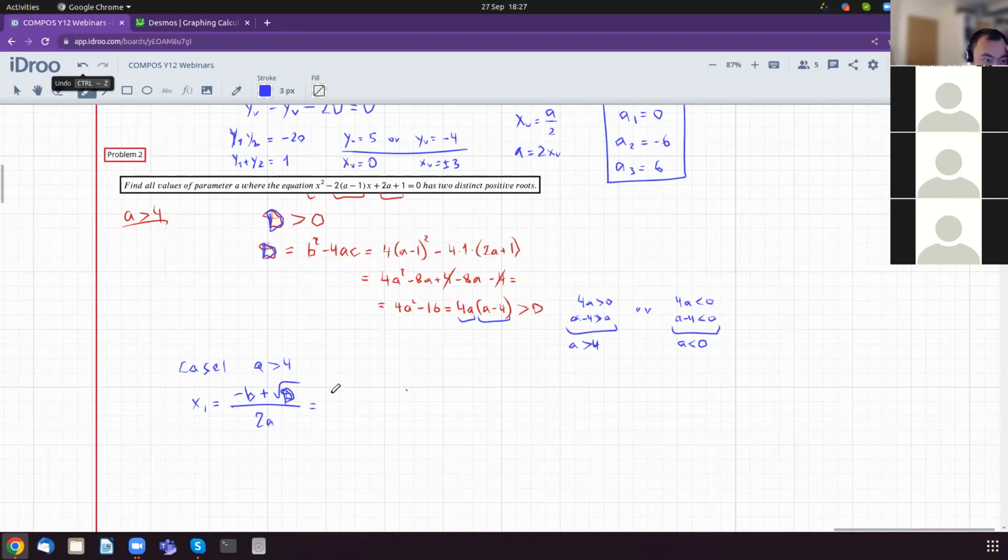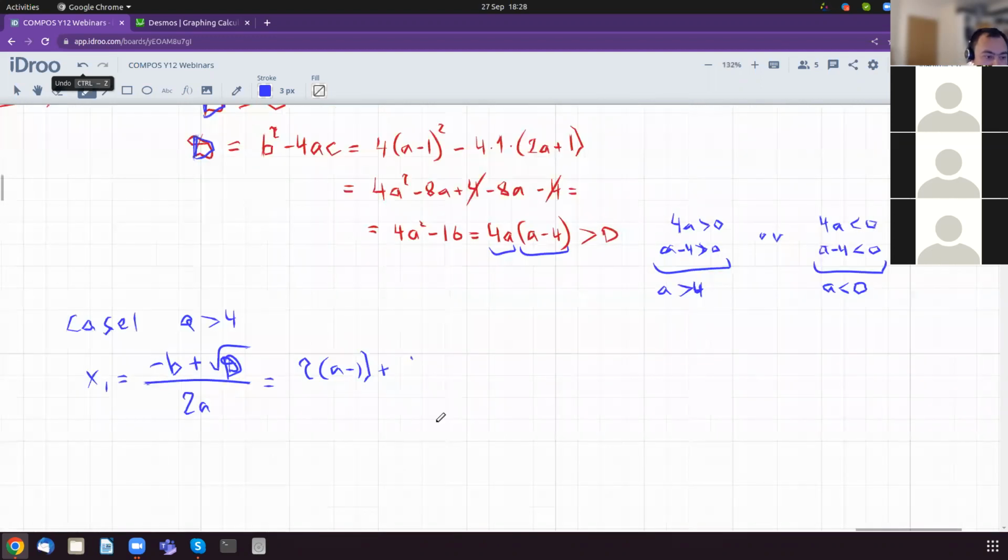So that's minus b, which is 2a minus 1, plus the square root of that, the square root of 4a minus 4. It might look confusing, but we don't need to solve much here. Divided by 2a. And x2 is the same thing, but with a minus.